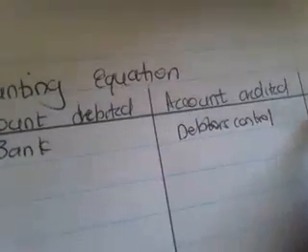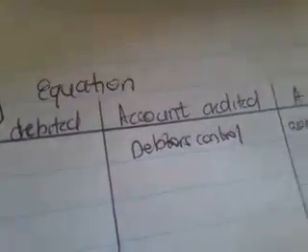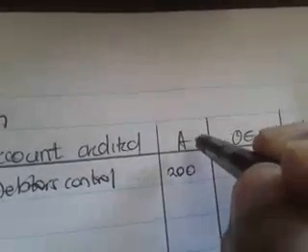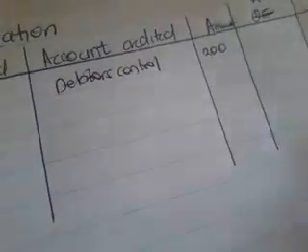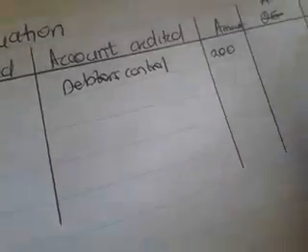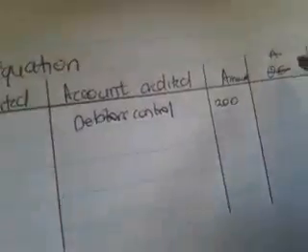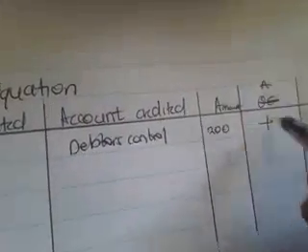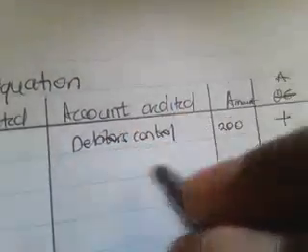So the amount here is 200 rand, and then since bank is an asset, I was supposed to say amount here, and then this will be asset, this will be owner's equity, and then this will be liability, right? Since bank is an asset, assets are increasing because we are receiving cash, right? And then debtors control is also an asset.